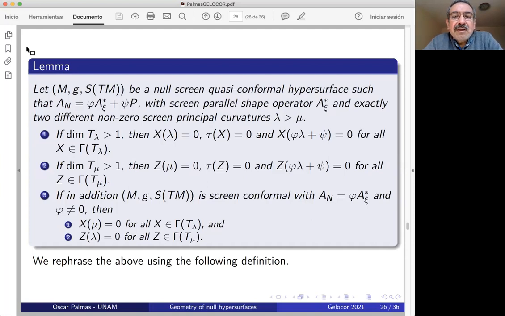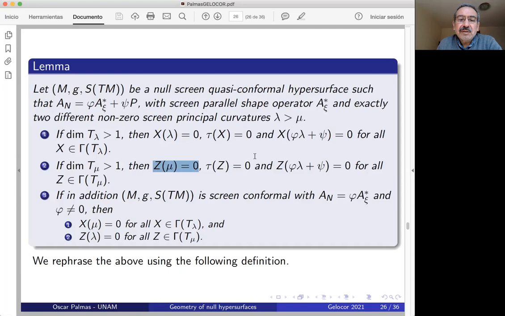Well, here is one interesting lemma. With all these hypotheses, and also if the dimension of these distributions is greater than 1, then we have this property here, or this property here, which means that our screen principal curvature is constant along the leaf of T lambda or T mu.